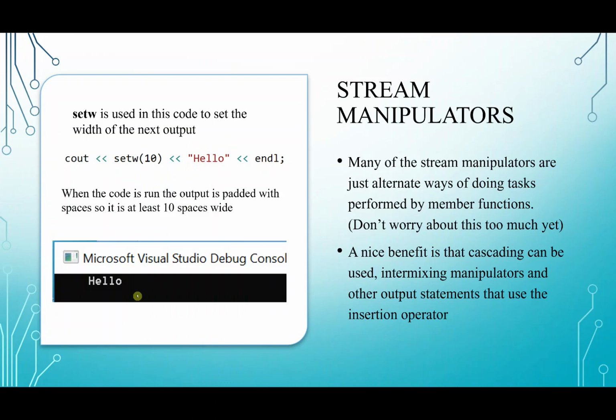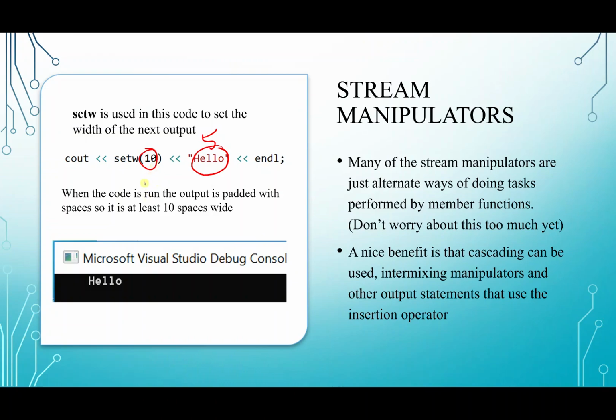Now, the way setw works is the following. If the number of characters in this output, hello, is less than this number, so we have 5 and we have an imaginary field, you can think of it this way, that fits 10 characters.